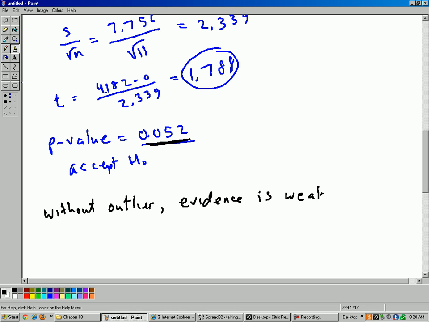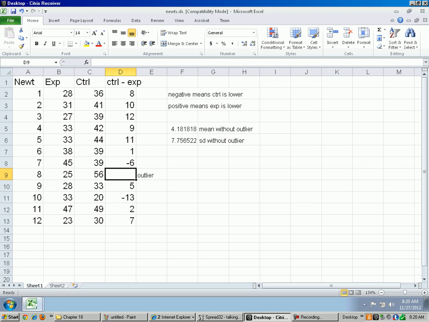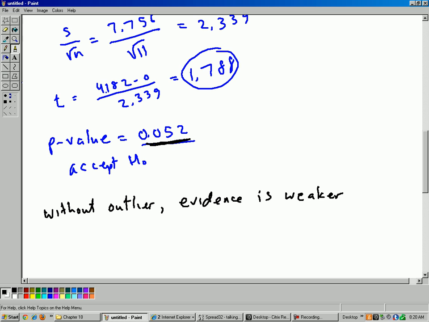That makes sense, because back to our original sheet here, it was this guy, the 31, right there, that gave us such a high mean, higher than what the null would be. Without it, this case is definitely not so strong that there's a difference between the two groups. And that is it for that question.